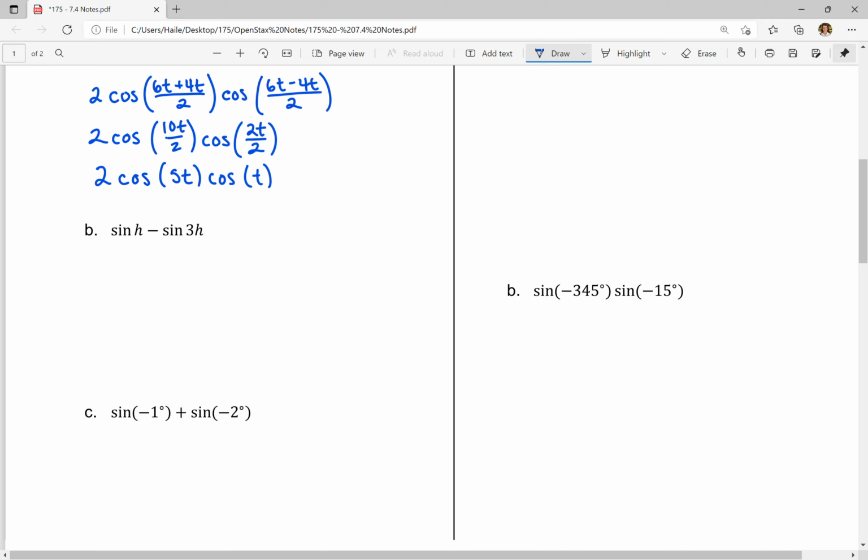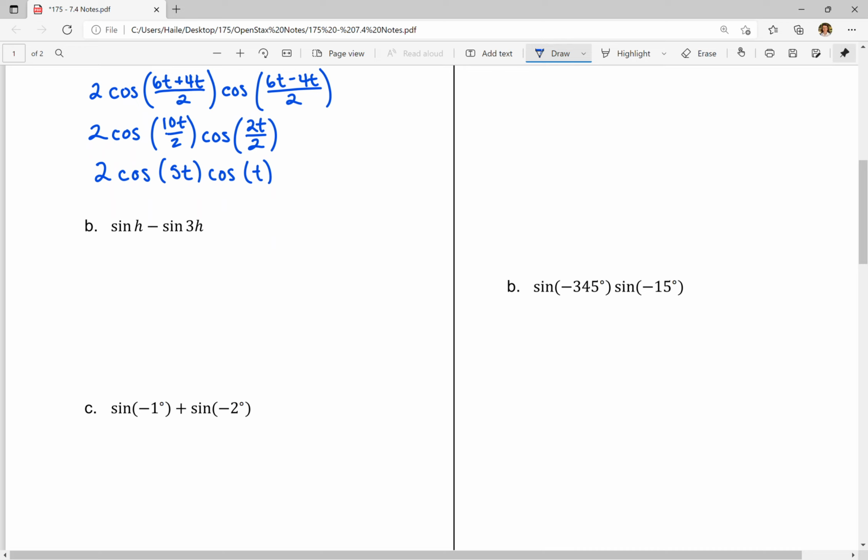Our next example, we have sine of h minus sine of 3h. Since this is sine minus sine, we're going to use formula 2. That's the one where you have sine x minus sine y. The way that one goes is we're going to have 2 times the cosine of the two angles added divided by 2, so we have (h plus 3h) divided by 2, multiplied by sine of (h minus 3h) over 2.